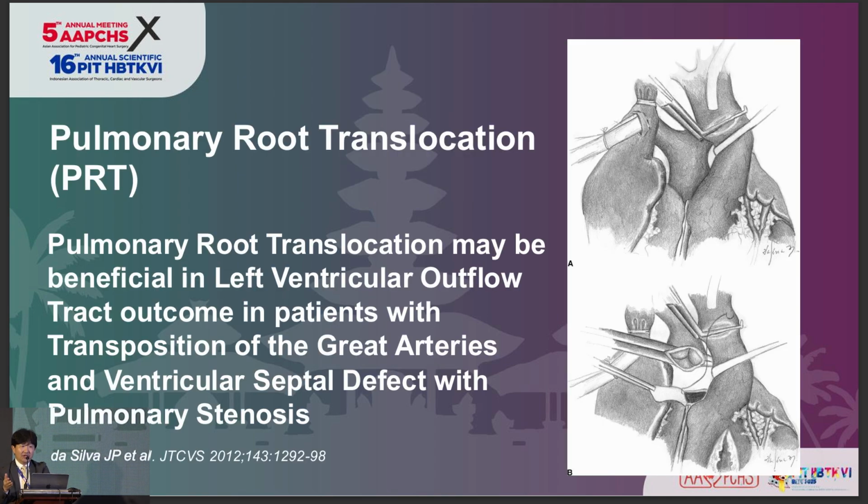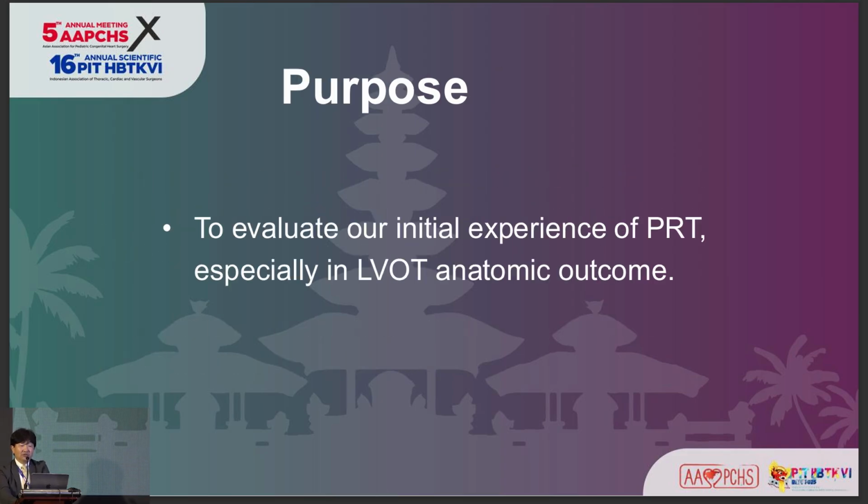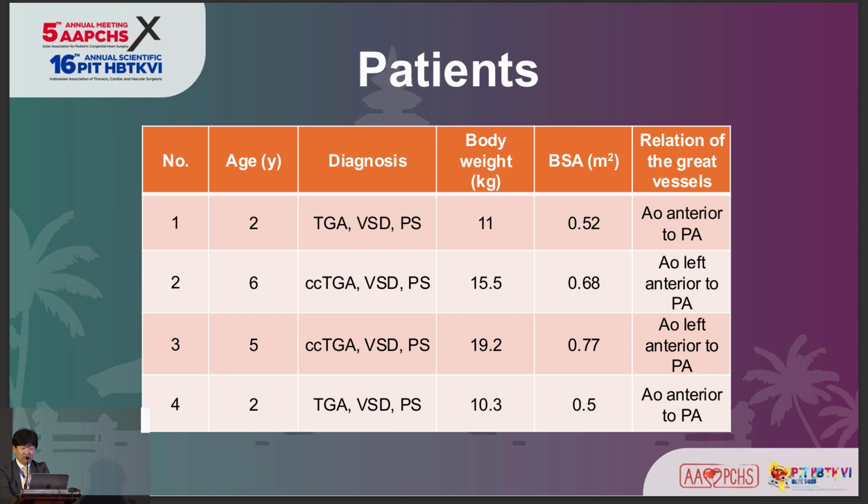pulmonary root translocation: excise the pulmonary annulus, then just put in a patch and see how it goes. So what happens in this pulmonary root translocation operation? The purpose is for a long distance from the left ventricle to the aorta. Those patients get this operation.